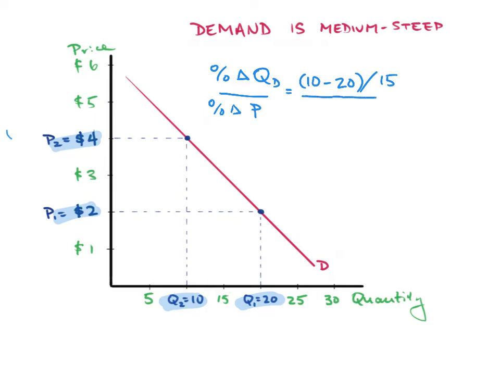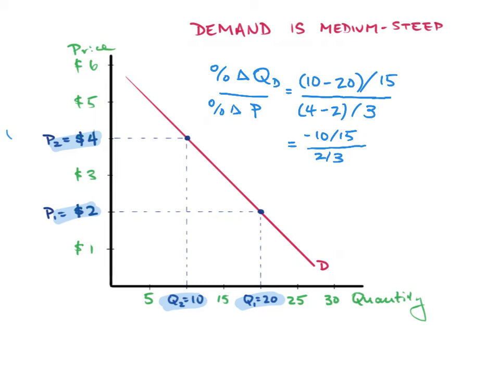Then the change in price: price increases to 4 from 2, divided by the average price, which is 3. So in the numerator of the fraction, we have negative 10 over 15. In the bottom part of the fraction, we have 2 over 3.